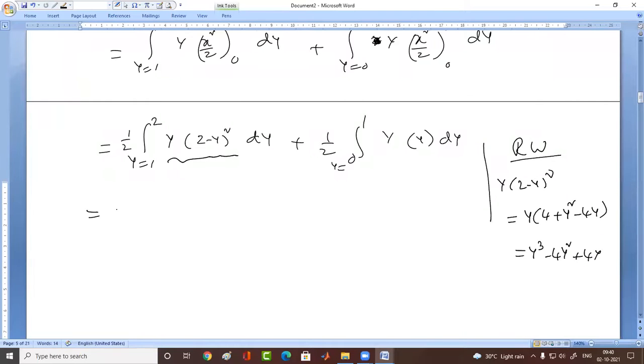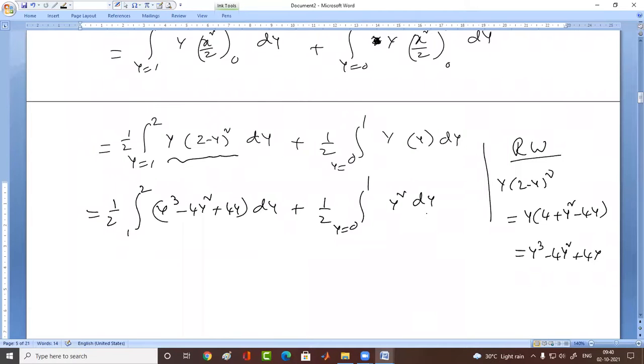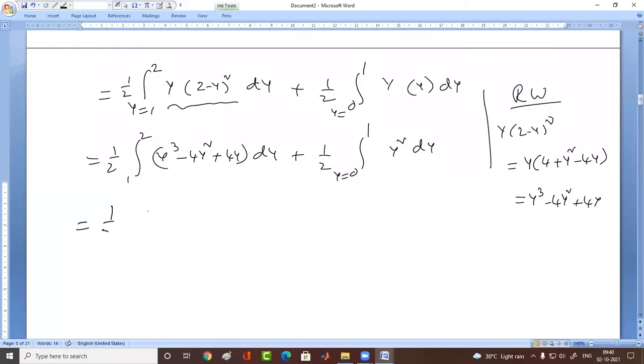So integral 1 to 2 of y cube minus 4y square plus 4y dy plus 1 by 2 into integral 0 to 1 of y square dy. Now integrate: 1 by 2 into y power 4 by 4 minus 4y cube by 3 plus 4y square by 2, limits 1 to 2, plus 1 by 2 into y cube by 3, 0 to 1.